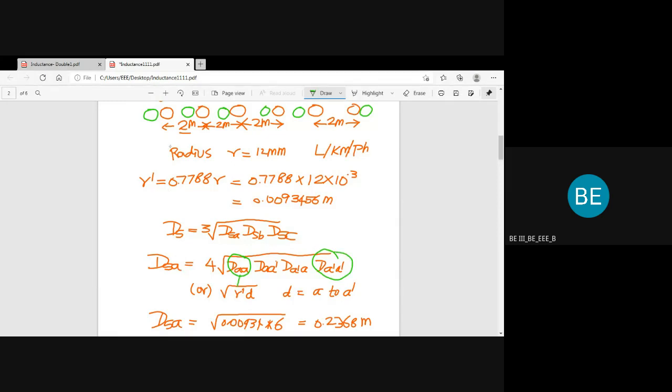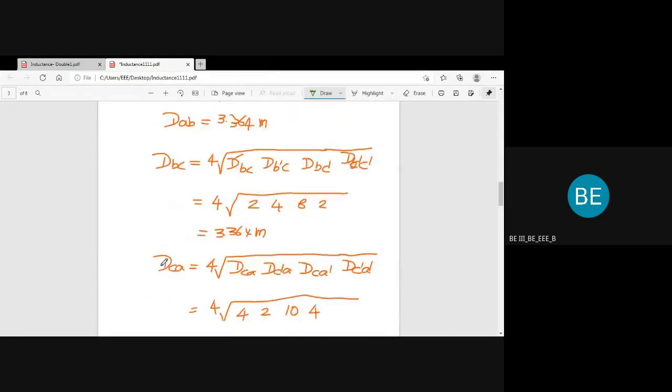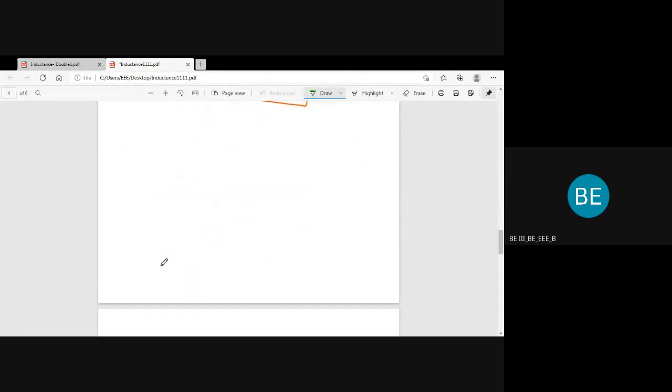Instead of R dash, we have to compute a certain value, again DAA, which will be root of R dash into D. What is the D value? This value will be equal to the bundle spacing. Just wait, I will draw this same problem here, then we can find. So I'm considering the bundled conductors. A, B, C are bundled conductors.